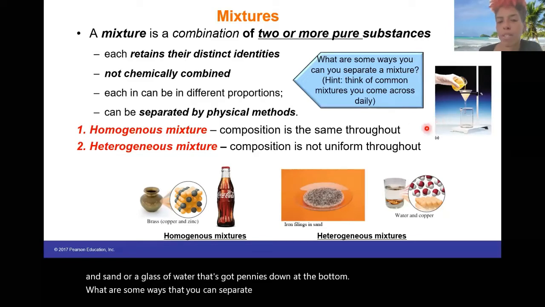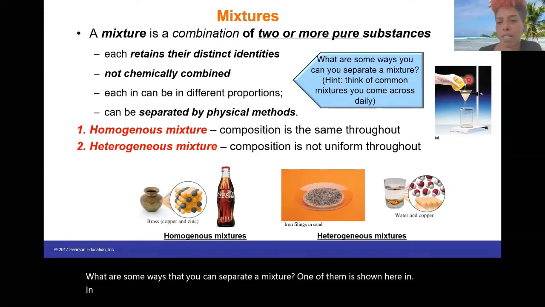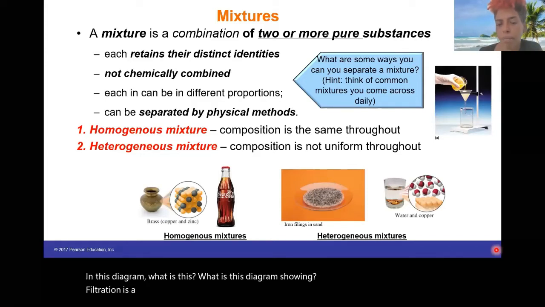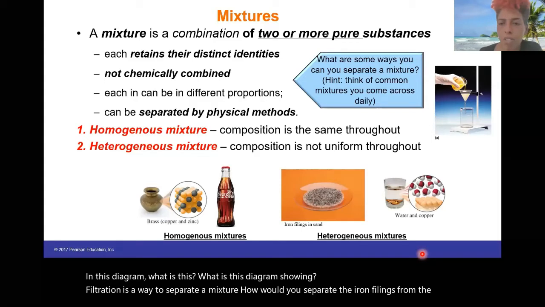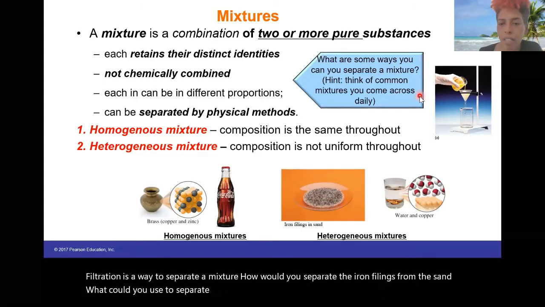One of them is shown here in this diagram. What is this diagram showing? Yeah, filtration is a way to separate a mixture. How would you separate the iron filings from the sand? What could you use to separate the iron filings from the sand? Magnet.